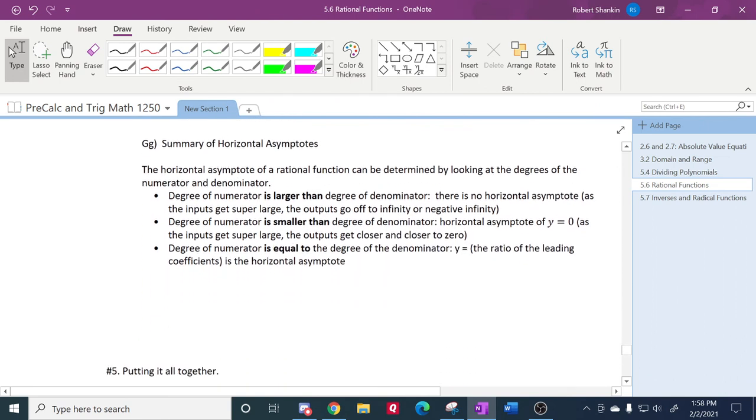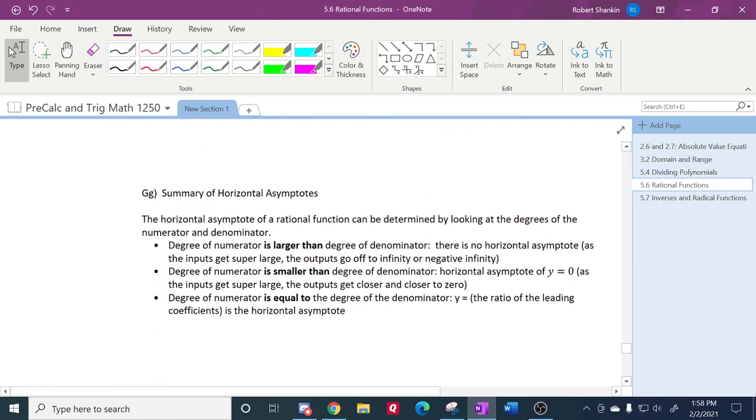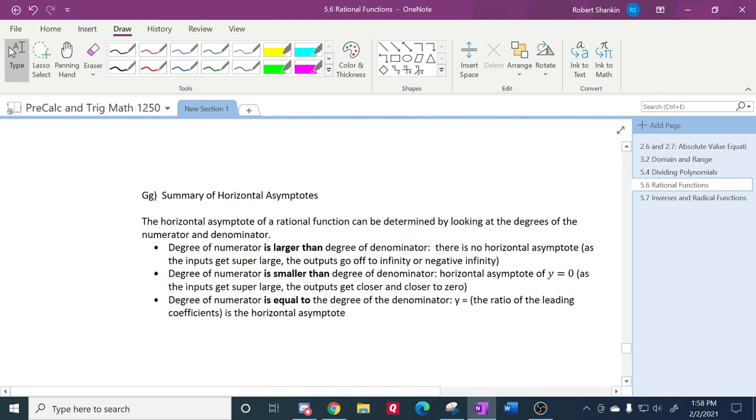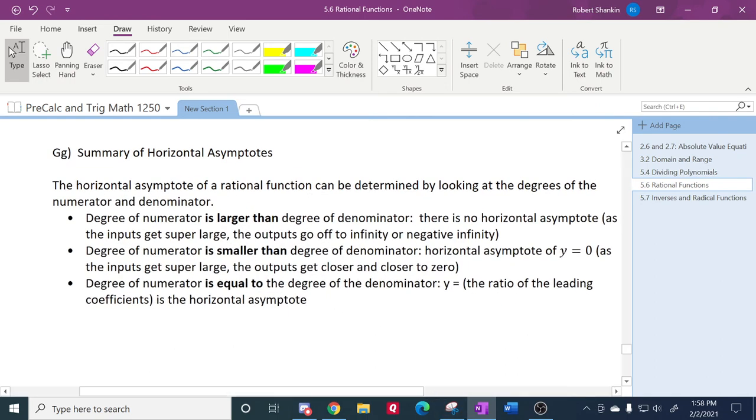Okay. Summary of horizontal asymptote information. The horizontal asymptote of a rational function. Now remember, a rational function is a polynomial divided by a polynomial. Those are the only ones we're considering. It can be determined by looking at the degrees of the numerator and the denominator.